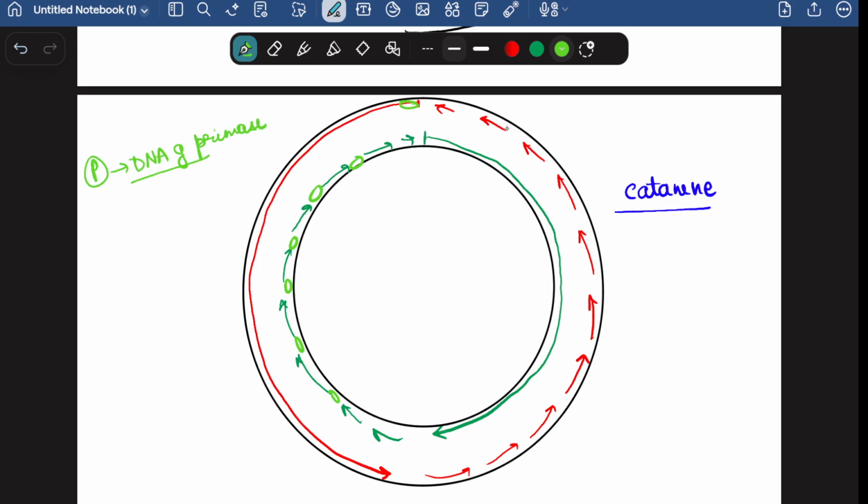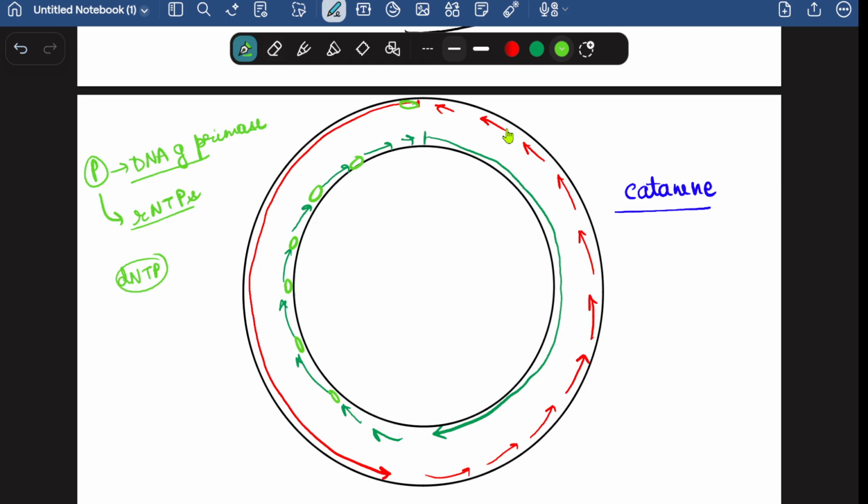Now the problem with these primers is that they are made up of RNTPs, that is ribonucleotides, and ribonucleotides are the characteristic of RNA. They cannot confer stability to DNA.